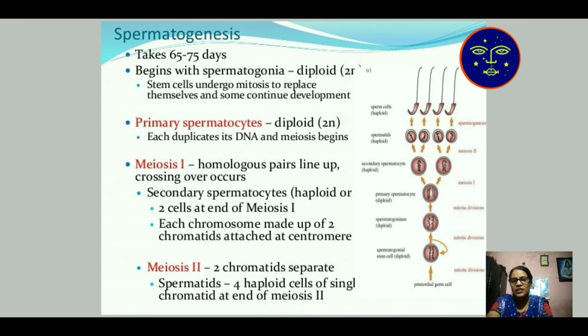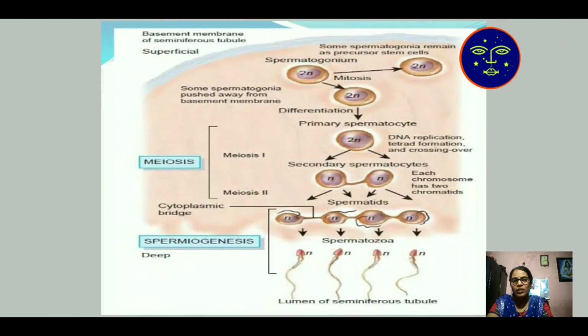Then the secondary spermatocytes undergo meiosis 2 and produce spermatids, which are 4 haploid cells with single chromatids at the end of meiosis 2. Here the spermatogonium or primary spermatocyte is 2n. Then 2 secondary spermatocytes with n chromosomes each. Then 4 spermatids are produced.